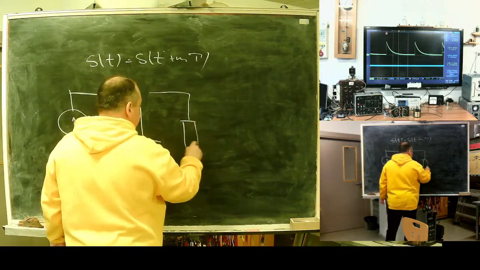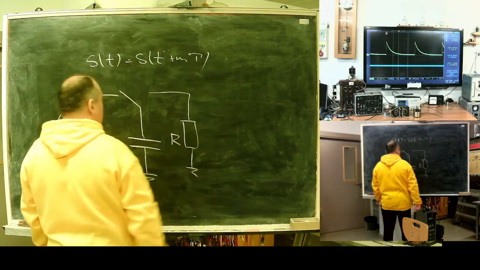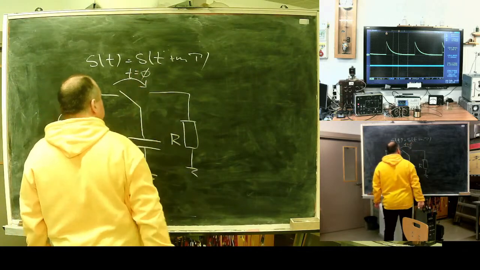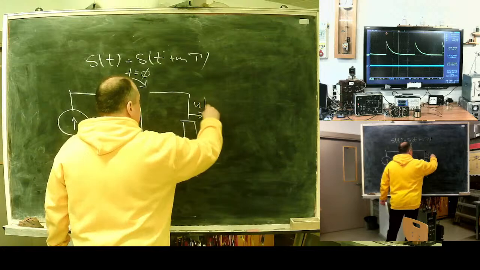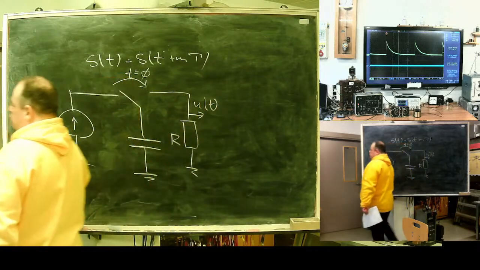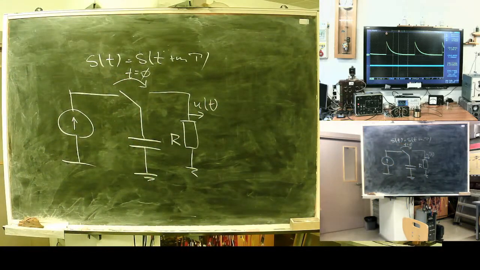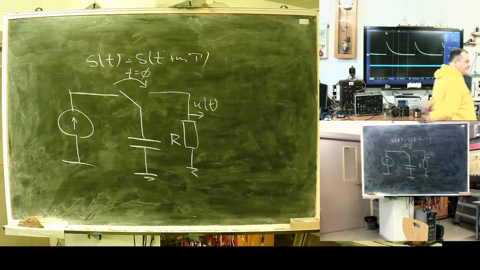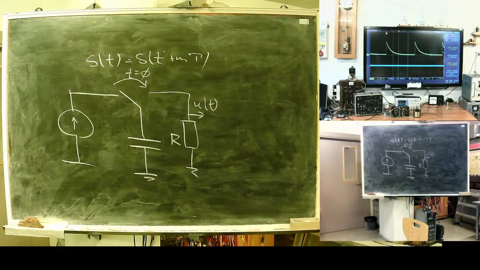I like this example. T0. This is my output voltage. What will be output voltage? What about circuits theory?